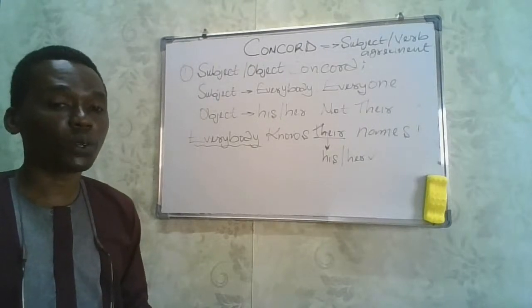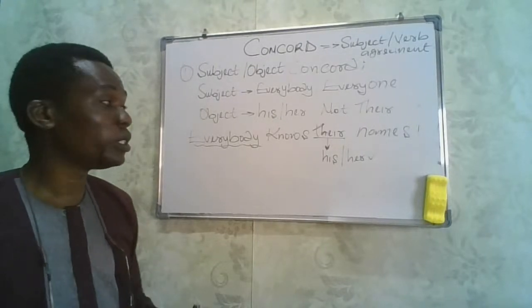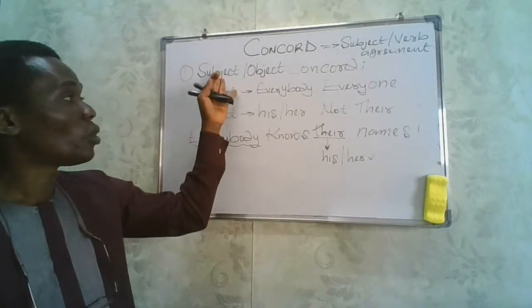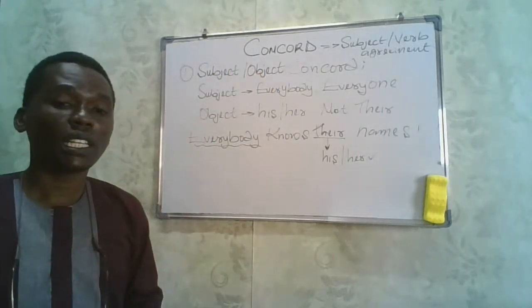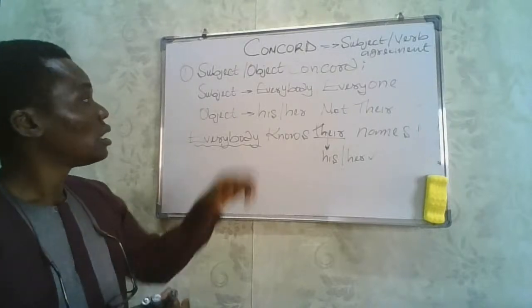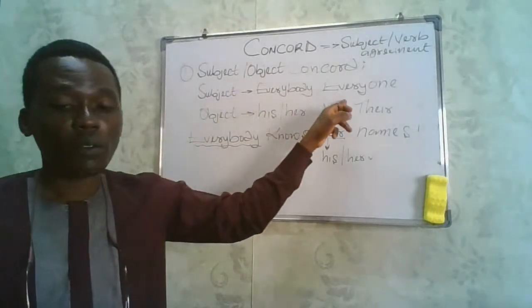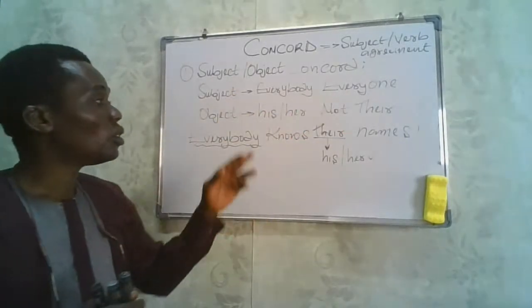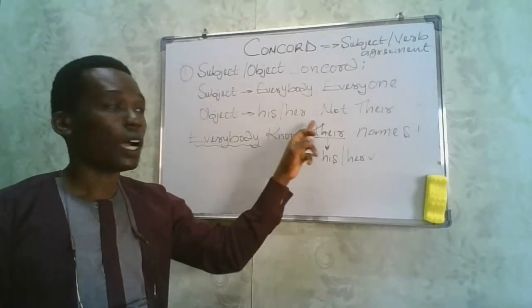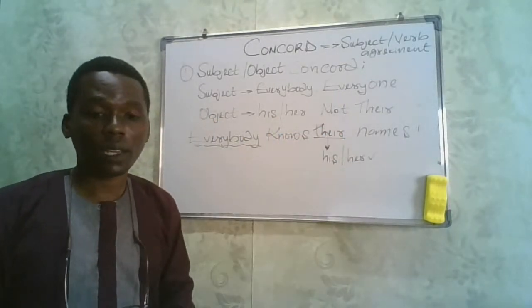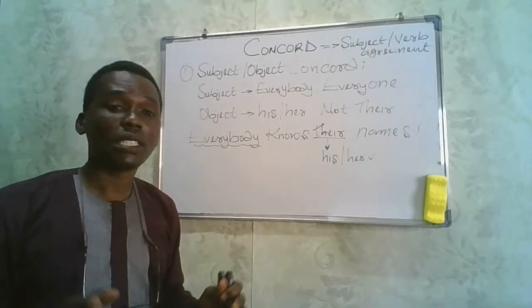Now, this is very important when you are dealing with subject-object concord. So if you have any sentence that begins with everybody or everyone, make sure that the object that goes with it is his or her and not there.